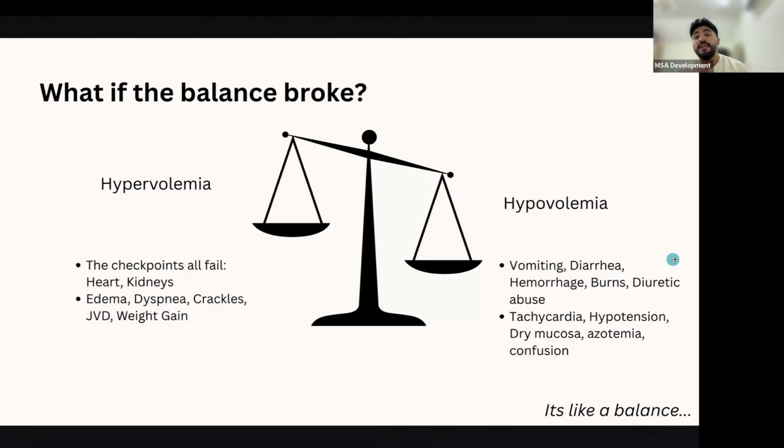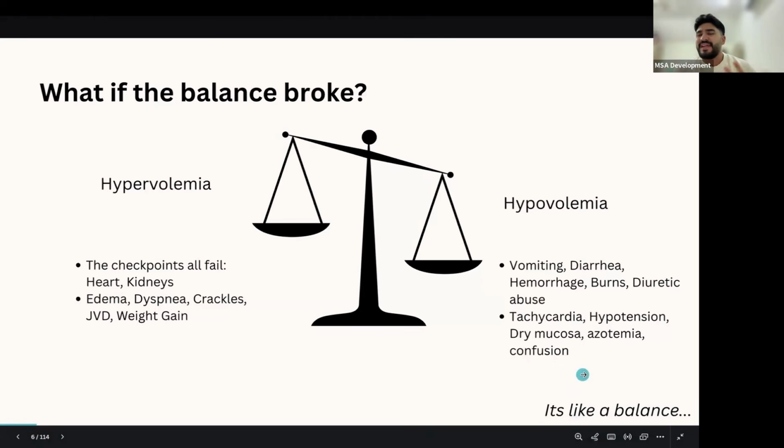Now, hypovolemia is going to happen when we're basically excreting a lot of fluids out of the body. And this happens when you vomit, when you're having diarrhea, when you're losing a lot of blood, even seen in burned patients, okay, and even diuretic abuse. People who abuse diuretics usually come in with hypovolemia as well and other important findings.